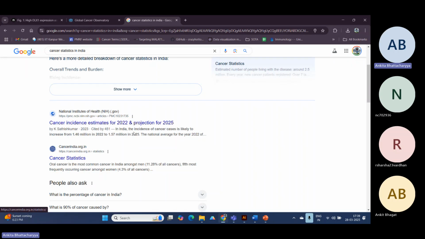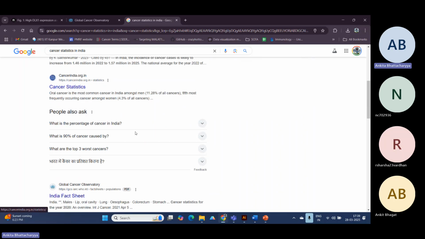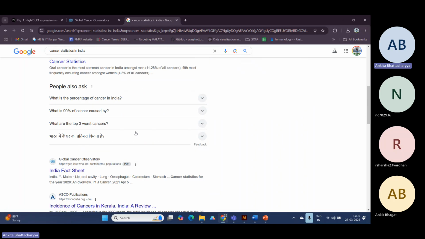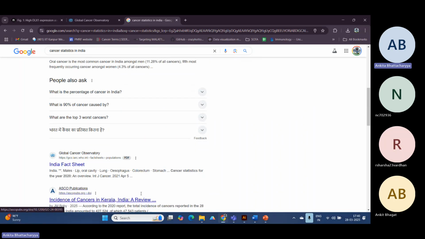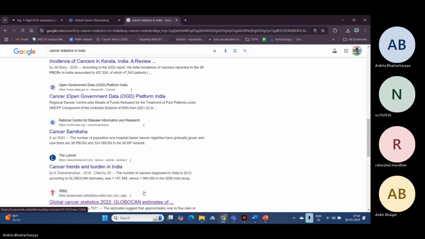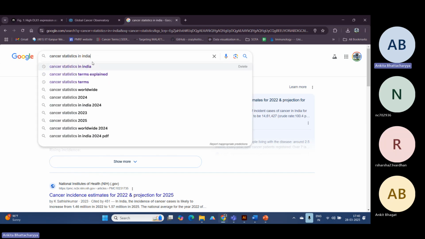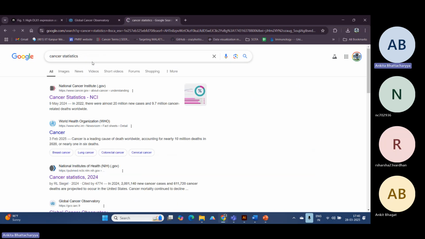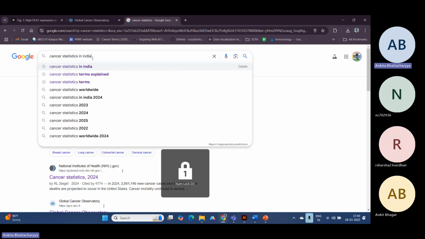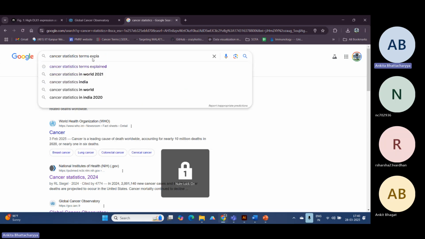So in cancer statistics, you'll find all of these different pieces of information. You'll find a lot of details which are given. Just a second. Statistics 20. So the last report was published in 2024.